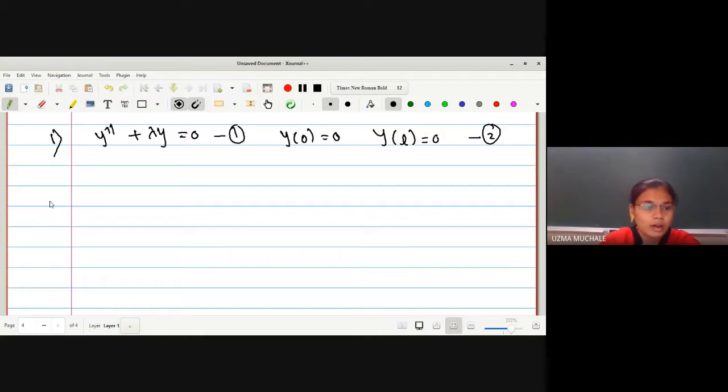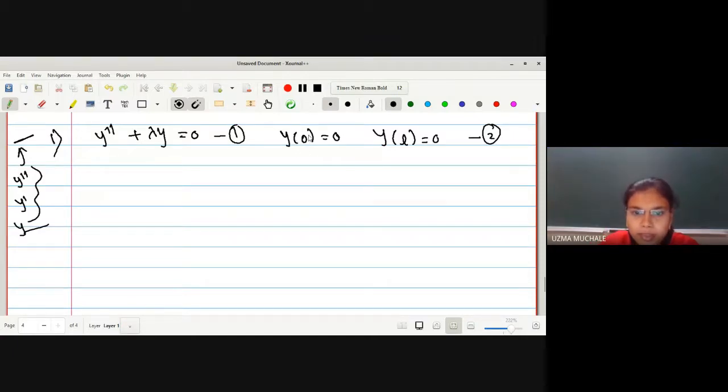Sometimes what we do for an initial value problem is substitute y double dash, find y dash and y, and call that the solution. Actually this is not the solution. All these expressions we have to again put back in equation 1. But in this case, we have to do a direct integration first.